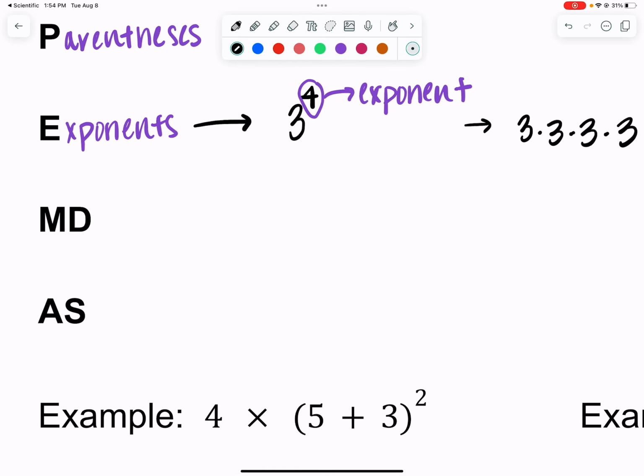Now, a long time ago in a galaxy far away, PEMDAS used to be written up and down. It used to be vertically aligned with the M and then the D and then the A and the S. And it was misleading because people thought they had to go through and do all of the multiplying, then all of the dividing. We have since changed that. We have changed the notation.